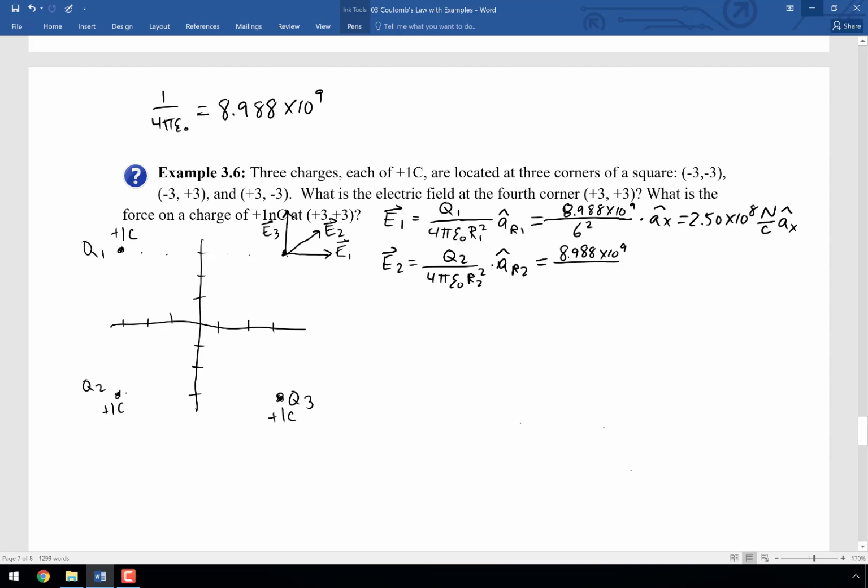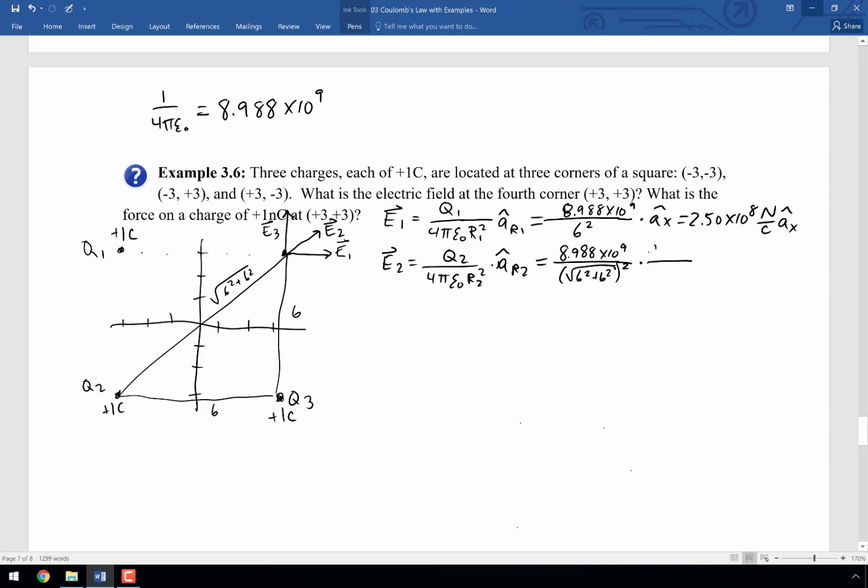Well, R sub 2 is actually the hypotenuse of a triangle that has these 2 edges. And so if we know that this side is 6 and this side is 6, then this side is the square root of 6 squared plus 6 squared. So I can take the square root of 6 squared plus 6 squared, and then I square that because it's r squared in the denominator.